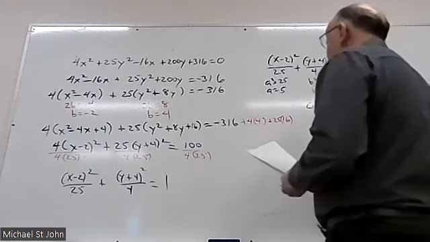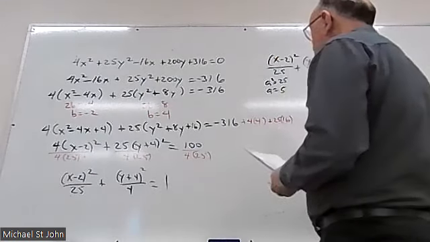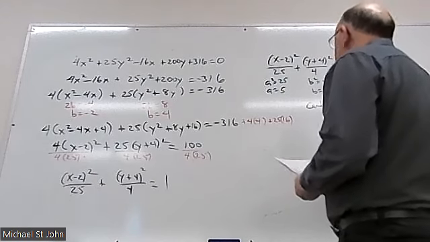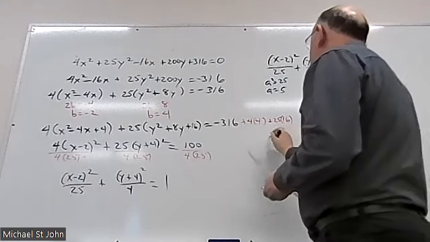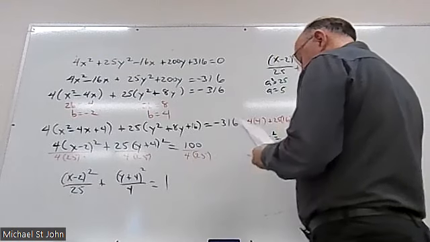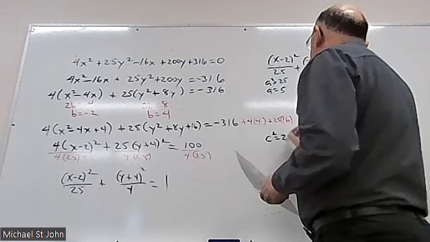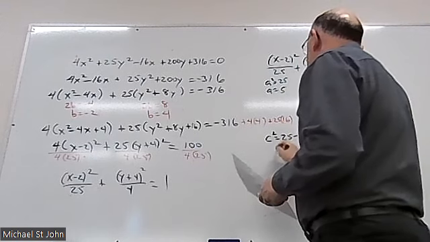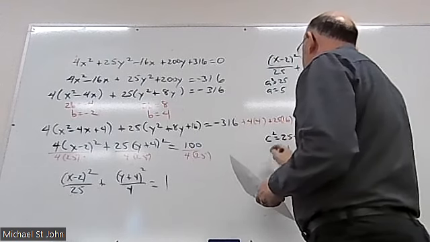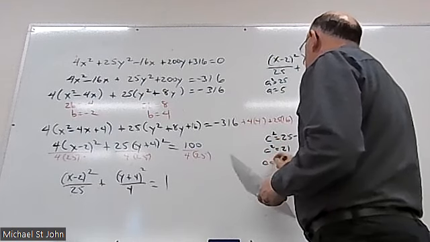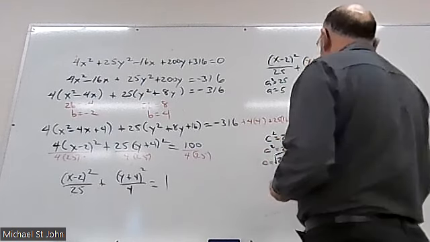And then we can find our c squared. And so c squared is going to be 25 minus 4, which is 21, which means c is the square root of 21.